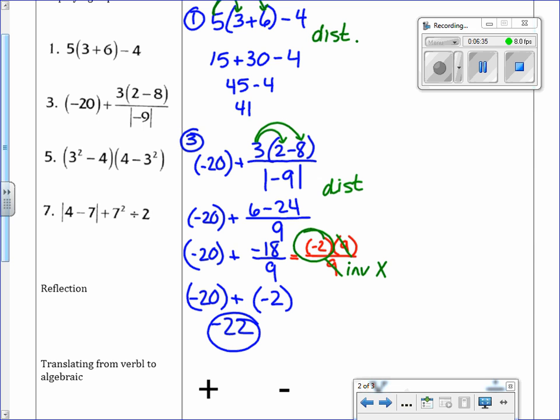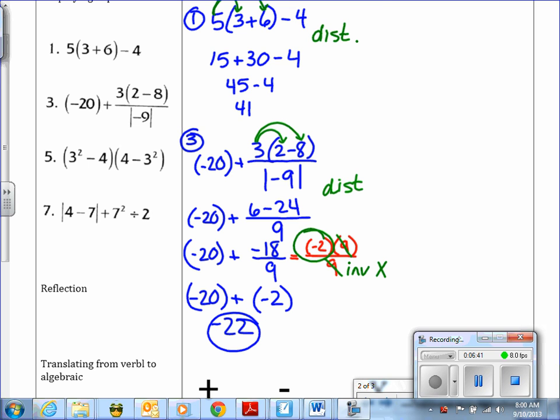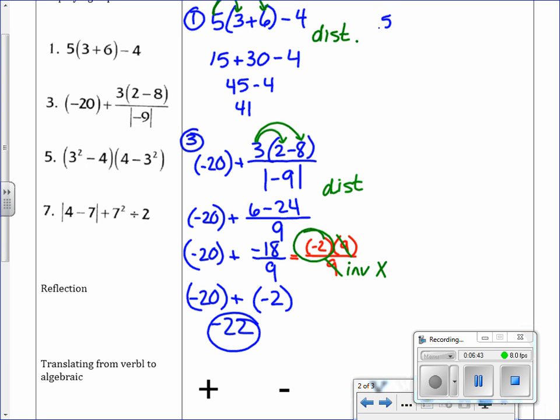For problem number 5, I have 3 squared minus 4 and 4 minus 3 squared.